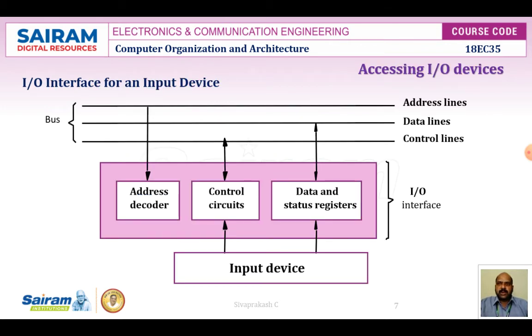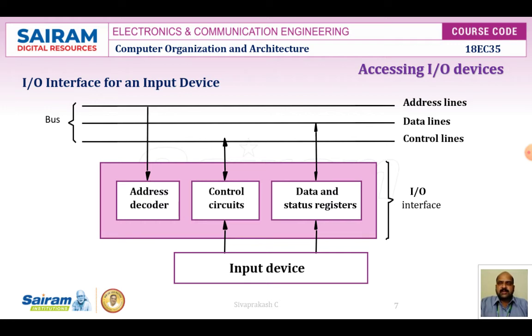The IO device interfaces with the input devices with the help of three things: the address decoder, the control circuit, and the data and status registers. What does the address decoder do? The address decoder enables the device to recognize its address when this address appears on the address line.